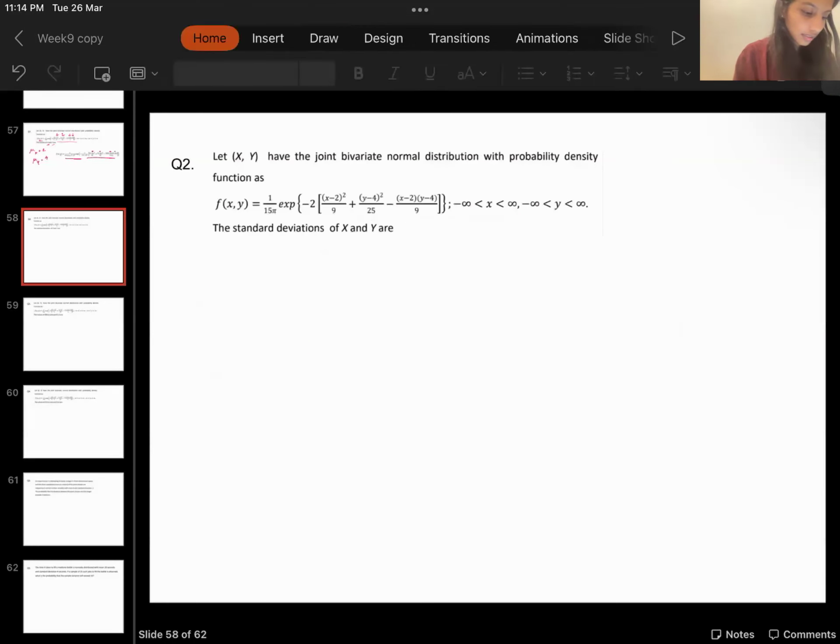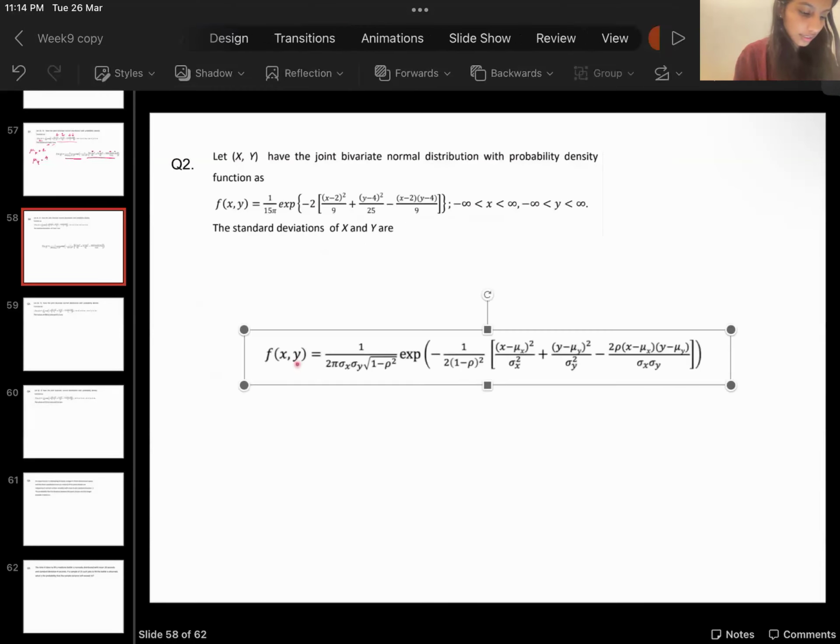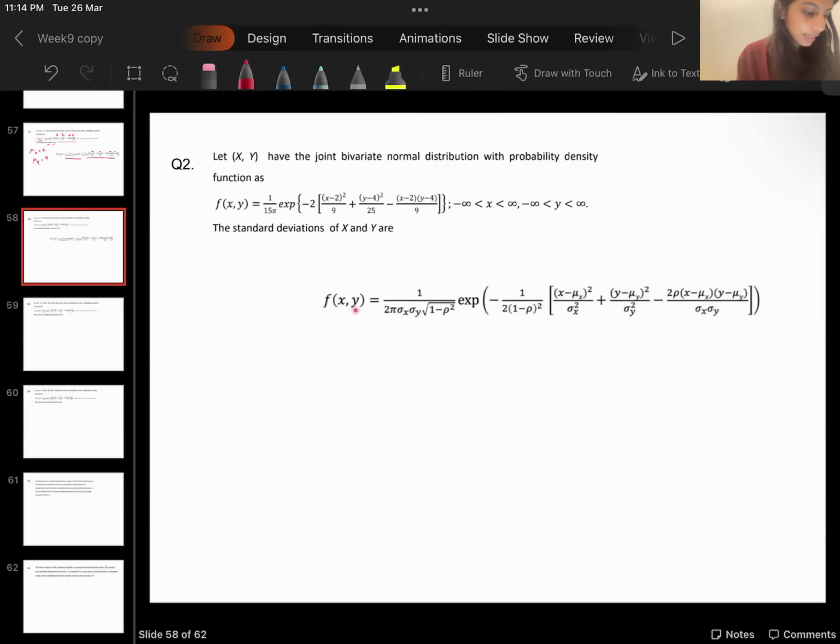And the next question is also very similar. They have asked the standard deviations of x and y. So where do you see these terms? You see sigma x and sigma y. So this is what you need to find.